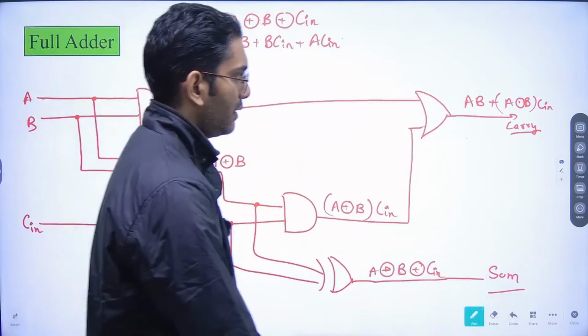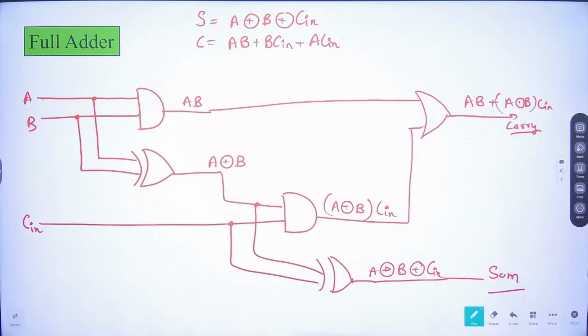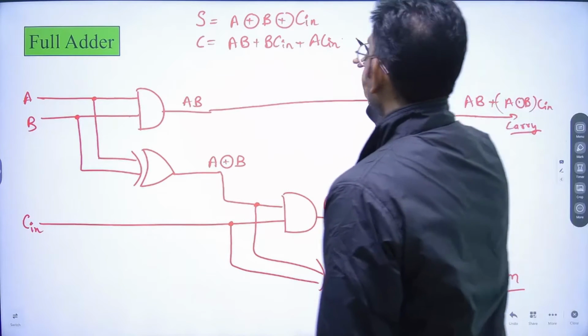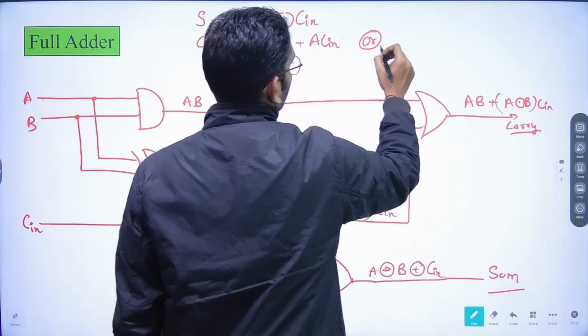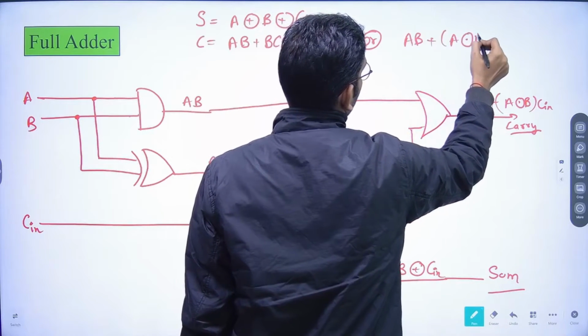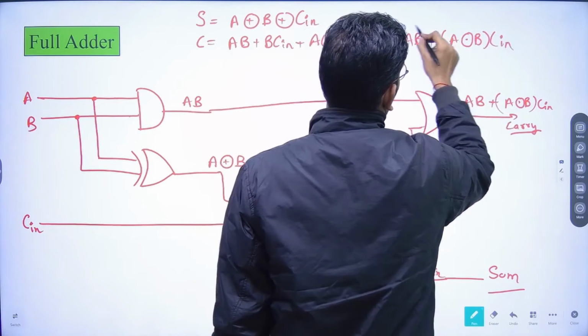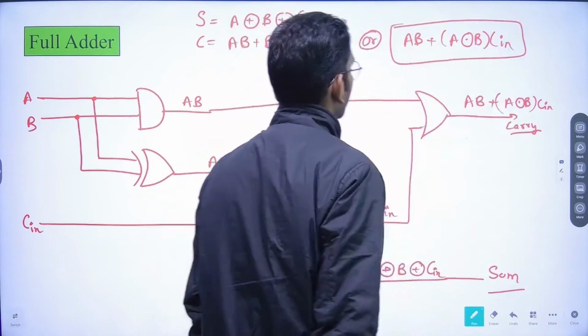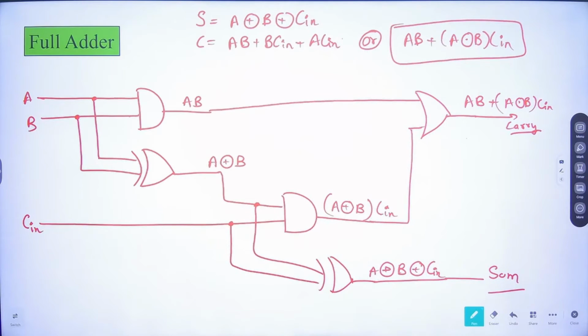This was one expression, or we can also write it down in this format, AB plus A XOR B C in. So these are the two expressions of the carry.